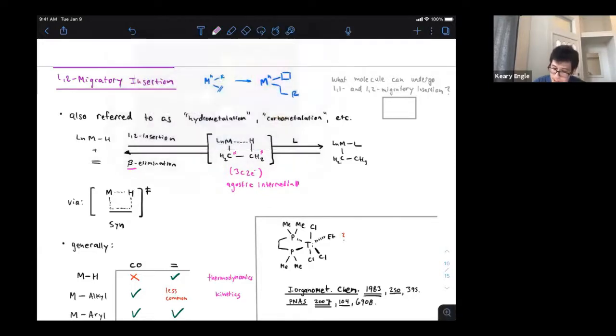Well, just in case anybody's curious, there's one prominent example of a molecule that can undergo both 1,1 and 1,2 migratory insertion. I don't know if anybody has encountered this. I guess Omar would be the person, or Camille.